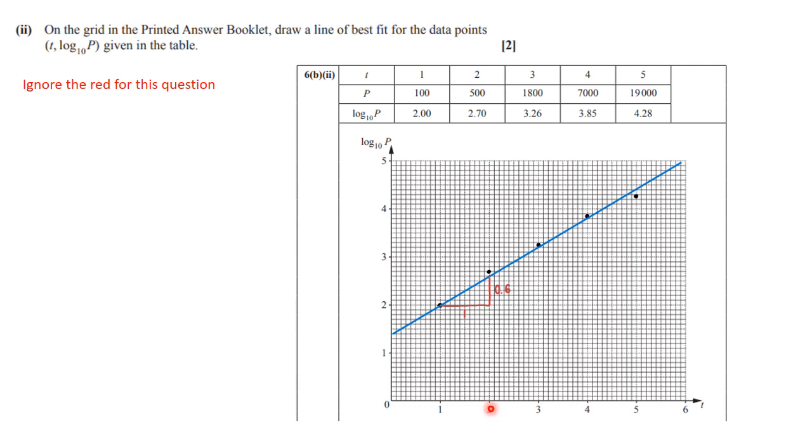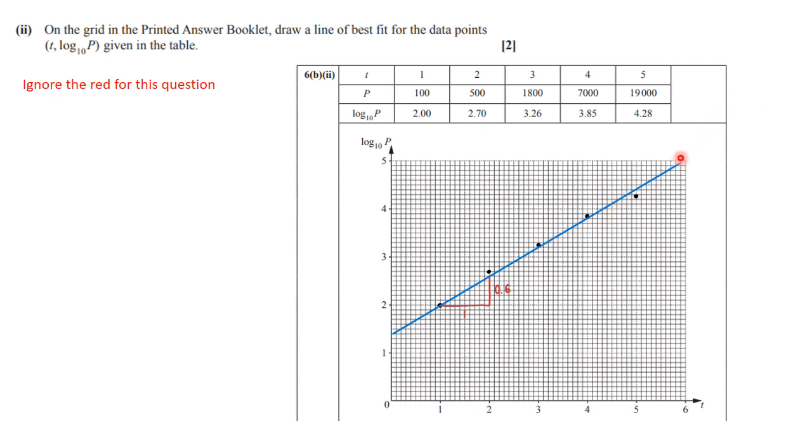When t is 2, log base 10 of p was 2.7. And I did it for t equals 3, t equals 4, and t equals 5.